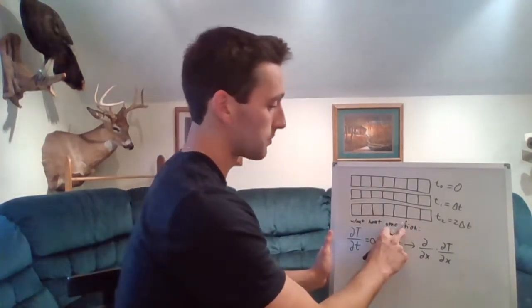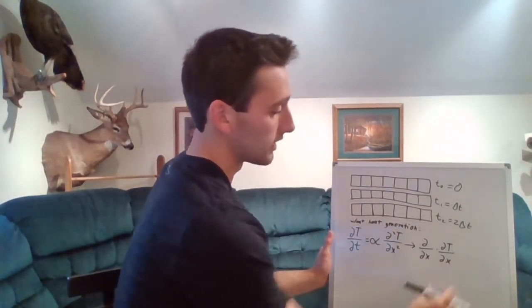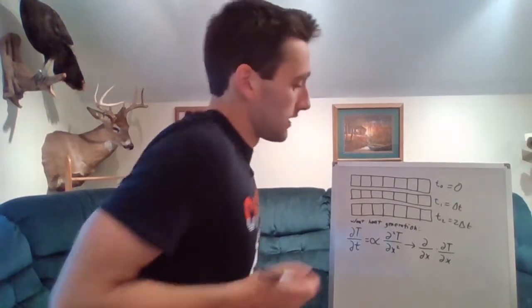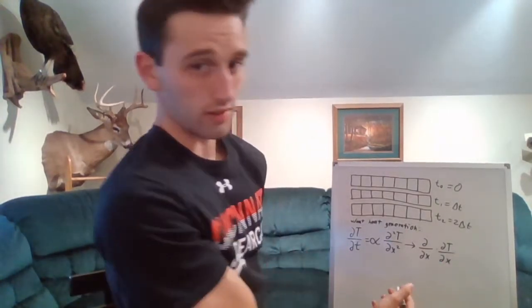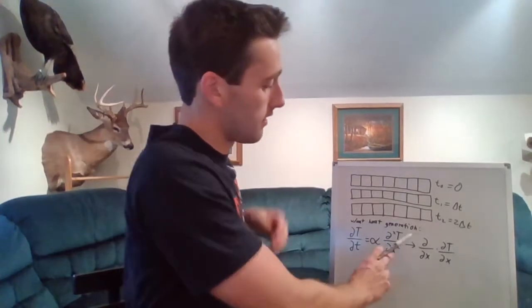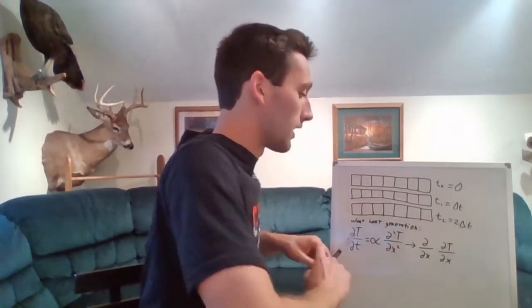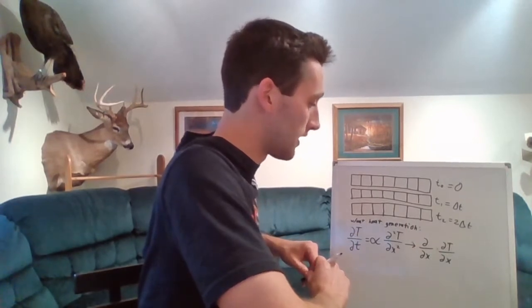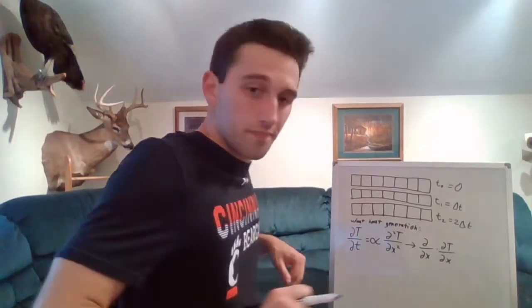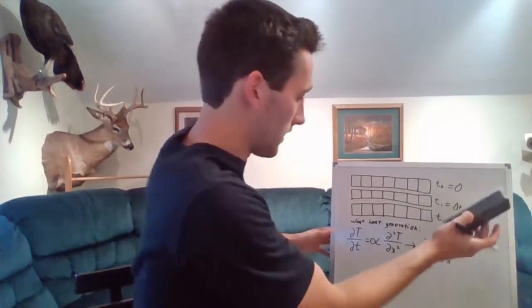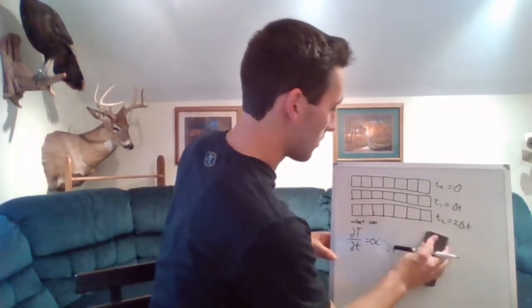And that is this portion right here kind of being expanded. As you can tell, we have the two partial derivatives of x in the denominator, and we have t right here. I will erase this now.